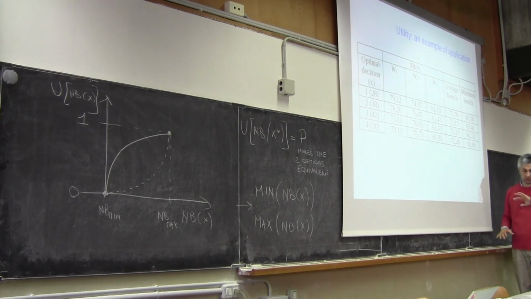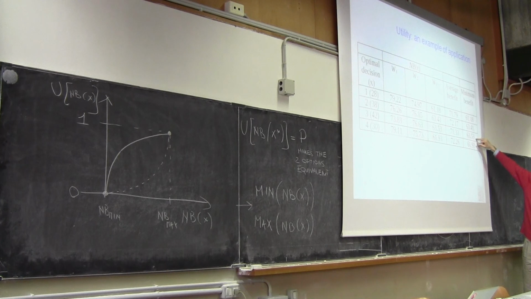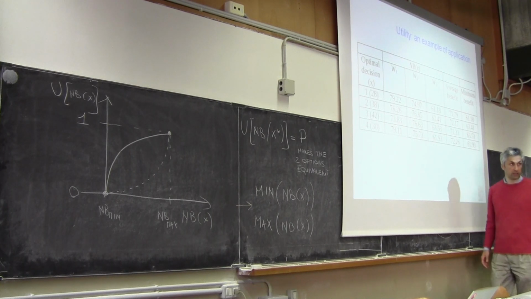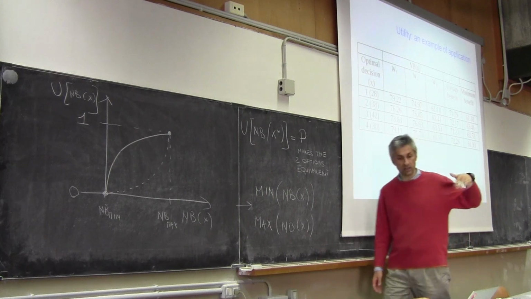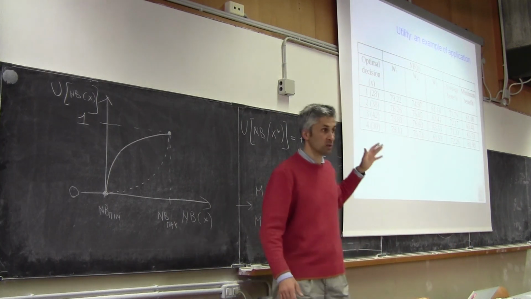Let me just note that we can compute also the average benefit and the minimum benefit. So if we want to adopt the maximum of the minimum, look at the table and we would choose allocation 42, which gives the maximum of the minimum, which is the first criterion that we considered, that doesn't need any definition of utility to be computed.